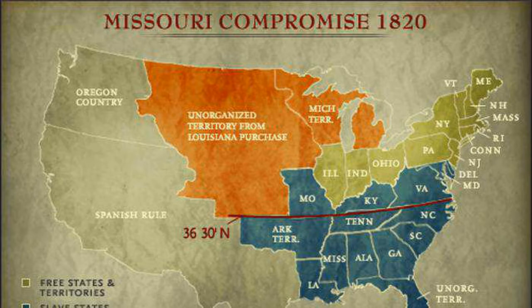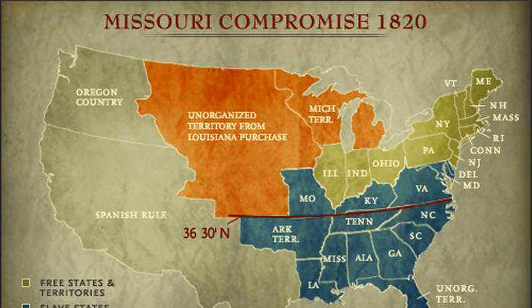To keep a balance of power, a compromise was made that Missouri would be a slave state. Maine was admitted as a free state from the Northern Territory. That made 12 slave states and 12 free states.